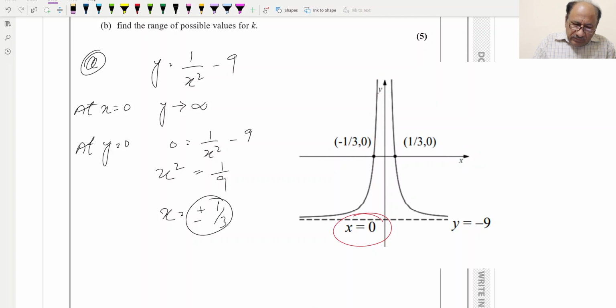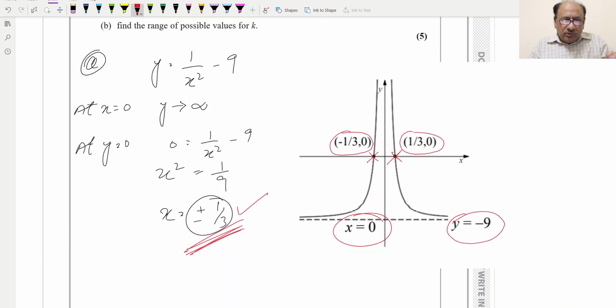So the x-intercepts which we found are plus 1 by 3 and minus 1 by 3. So at x is equal to minus 1 by 3, plus 1 by 3 also, y is 0. We got these 2 points, and when x is equal to 0, y is basically changing to infinity. This one, y is equal to minus 9, is basically the asymptote. So we can mention this.